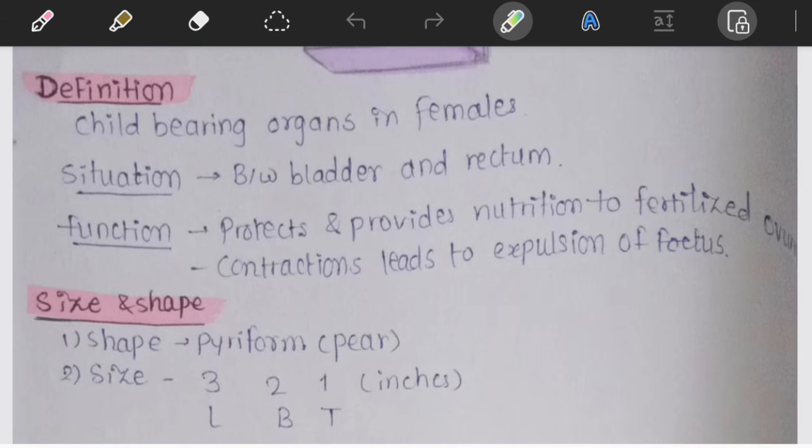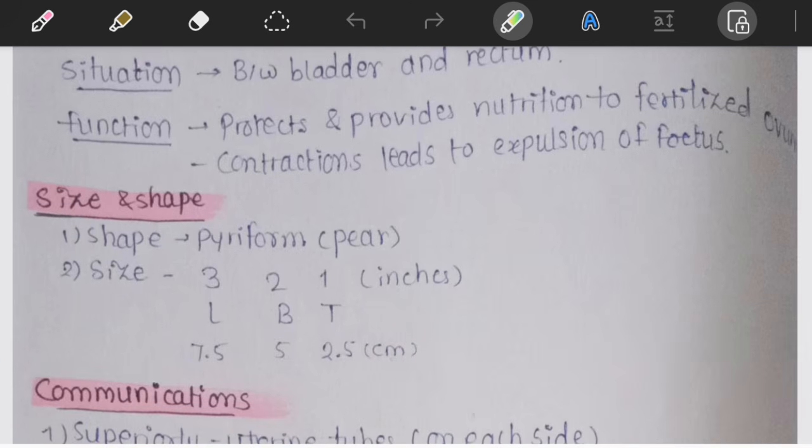Its shape is classically described as piriform or pear-shaped, and the approximate dimensions are 7.5 centimeters long, 2.5 centimeters thick, and 5 centimeters broad. But here's something important: don't memorize these numbers randomly. Visualize the uterus as a small muscular pear, broad above and narrow below. The broad upper part is mainly the body and fundus, while the narrow part continues into the cervix.